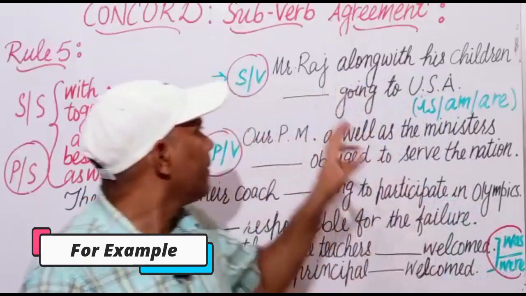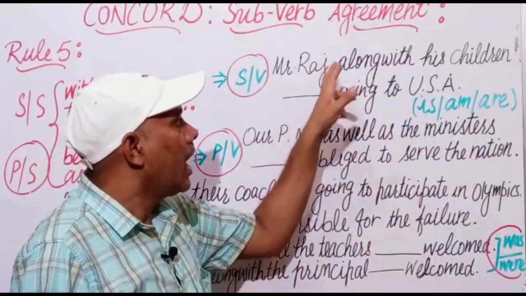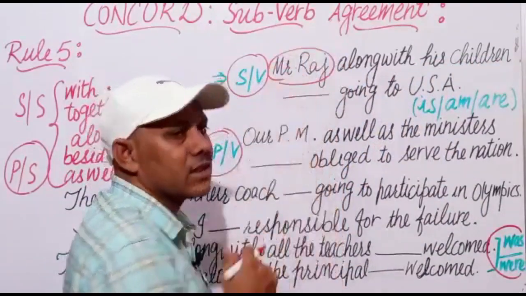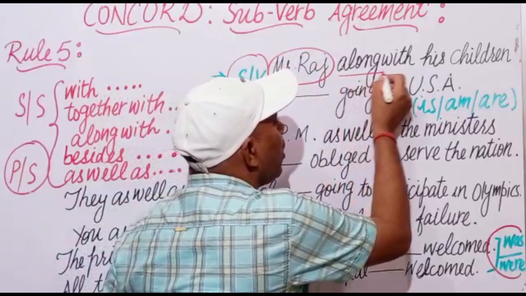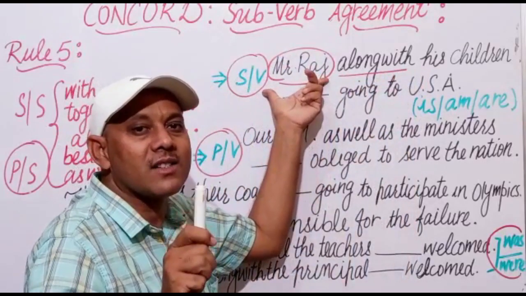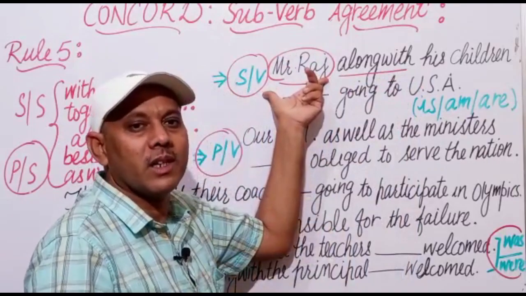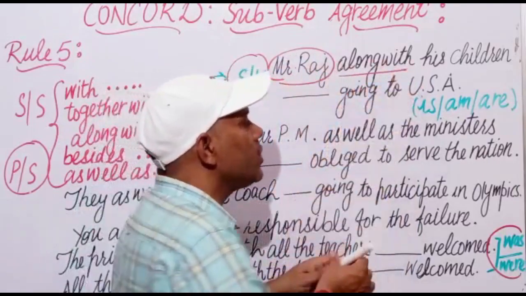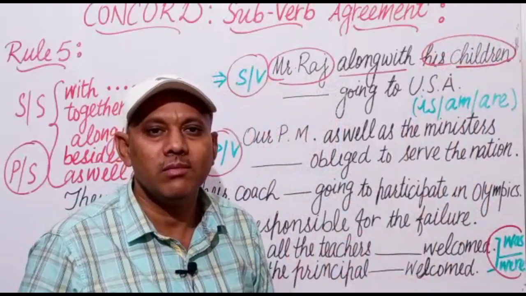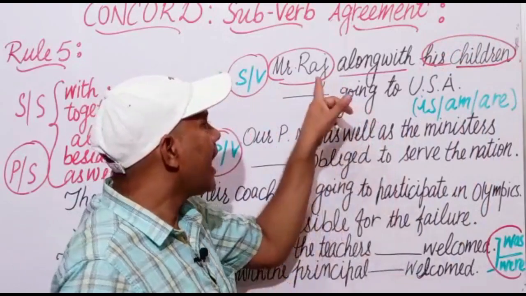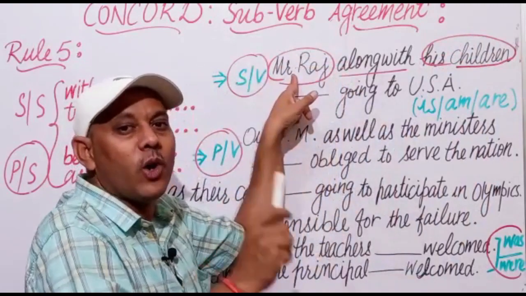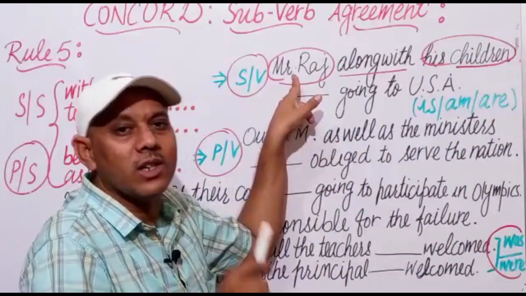For example, Mr. Raj along with his children. Here Mr. Raj is a singular subject preceded by along with. We shall use verb according to Mr. Raj, means singular verb. Mr. Raj along with his children, although his children is a plural noun, but we shall use the verb agreeing with the previous or the former subject which is singular.